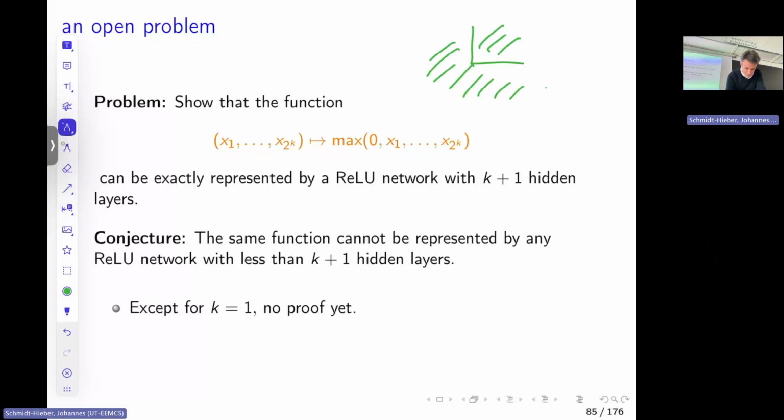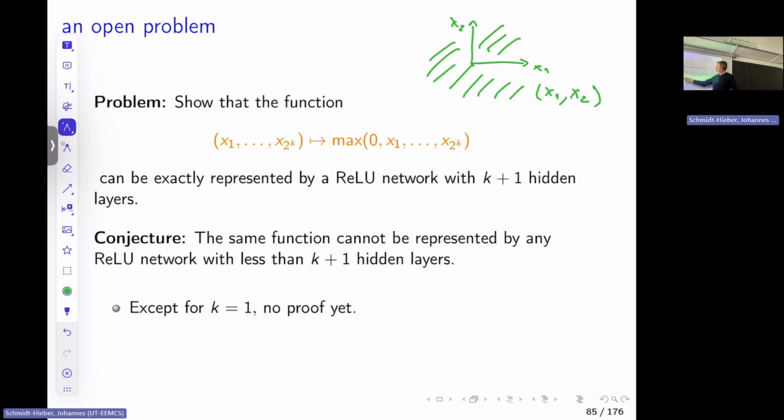You have inputs x1, x2, and you can put here the x1, here the x2, and those are the 3 pieces. But with the shallow network, you always have to have full hyperplanes, and that means the decision boundaries have to stretch over the whole thing. So something like this, like a Mercedes star, you cannot generate with a shallow network. That's clear. So for k=1, it's obvious that you cannot do that.